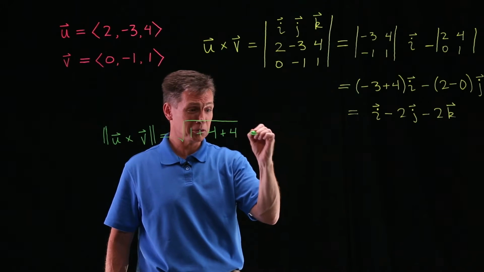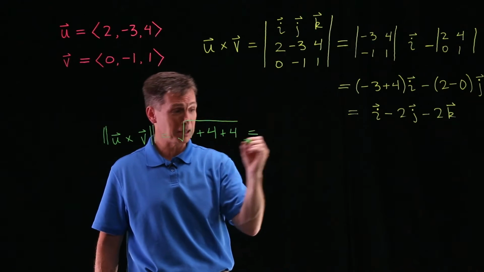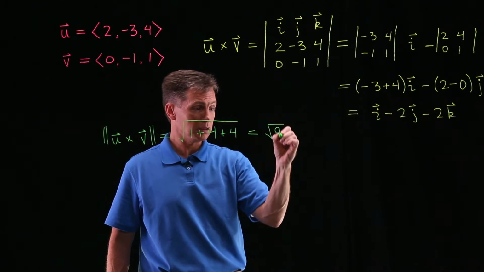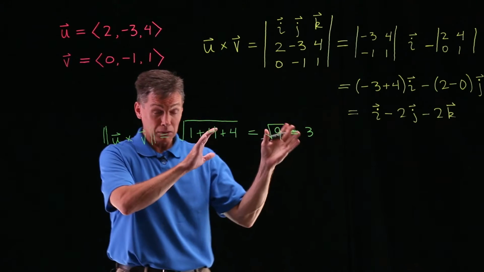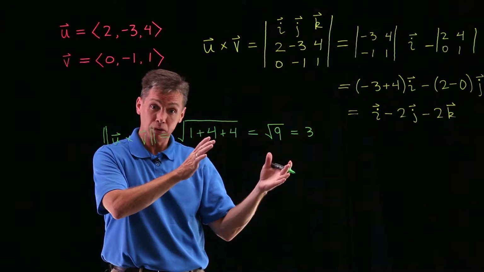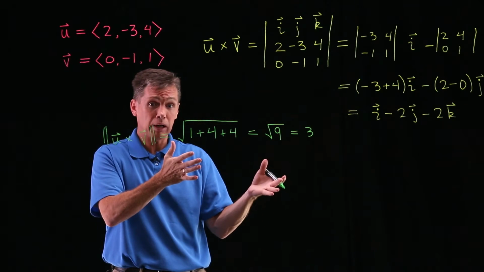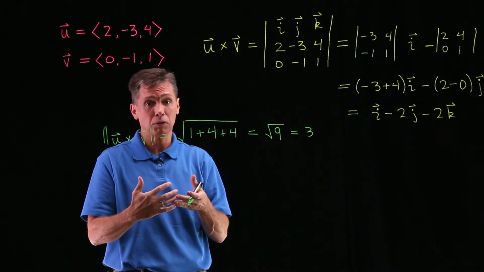They were nice to us because 4 plus 4 plus 1 is 9, and the square root of 9 is 3. That tells me the length is 3, so I'm going to divide it by 3, and that shrinks it down to length 1.